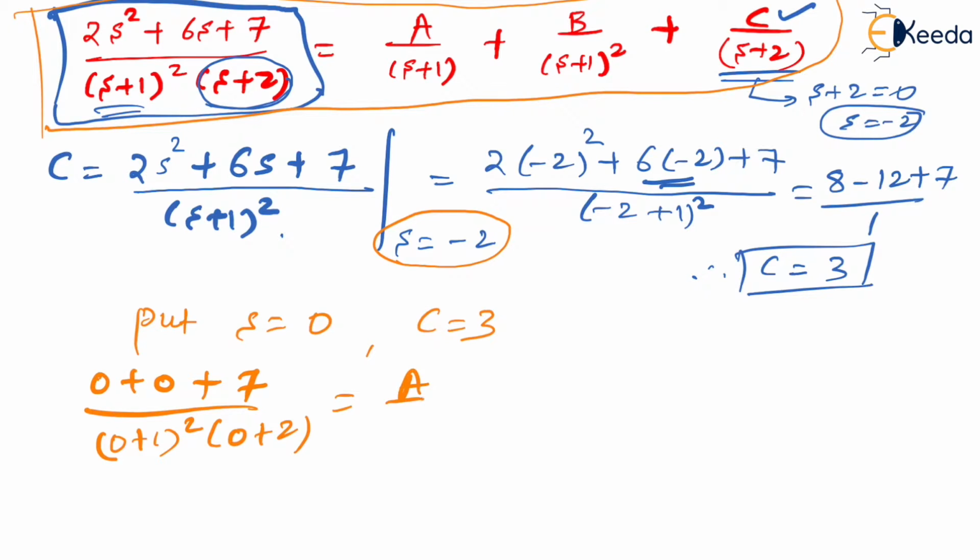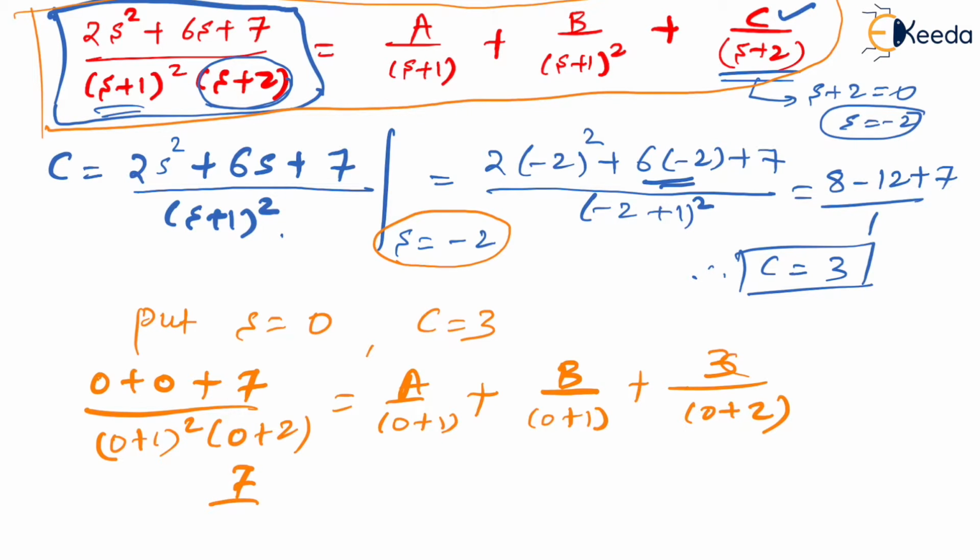Next, A upon 0 plus 1 plus B upon 0 plus 1 the whole squared plus C upon s plus 2, C is nothing but 3, so 3 upon 0 plus 2. You get here 7 by 2 is equal to A by 1 plus B by 1 plus 3 by 2.